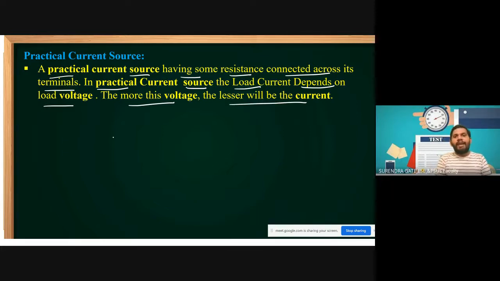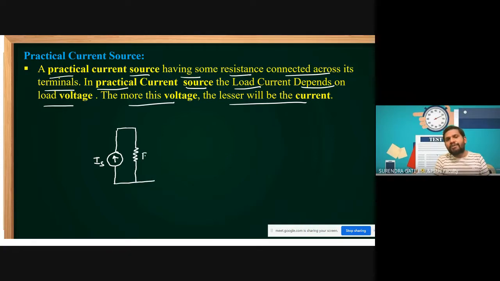How is it? Let's consider the practical current source. Let the source current be Is. But practically, a practical current source has a resistance connected across the terminals.